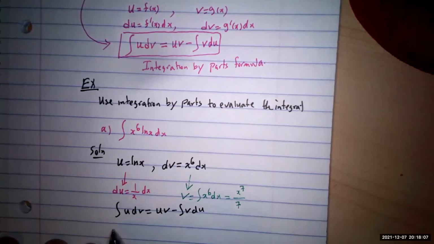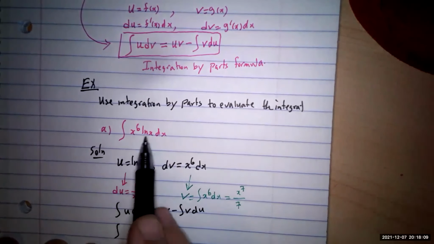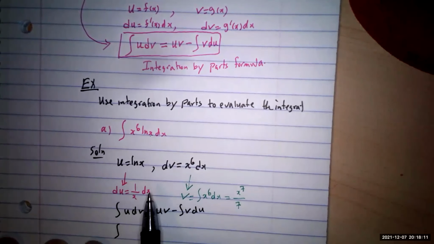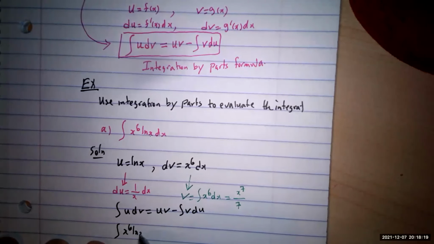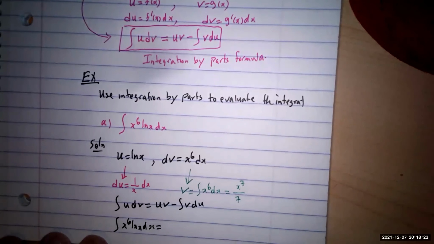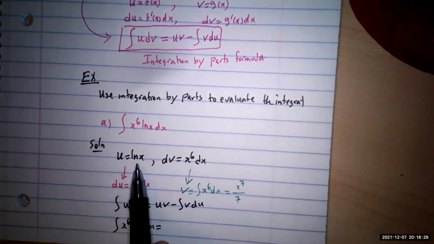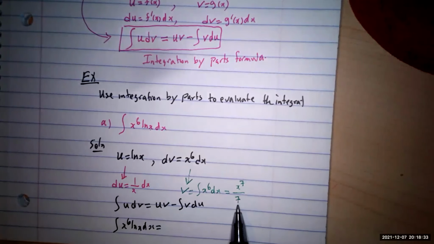Substitute. The integral of u dv is going to be this one because your u is ln x and the dv is x to the 6 dx. So you repeat your integral, x to the 6 ln x dx, equal to u times v. Your u is ln x, your v is x to the 7 over 7.